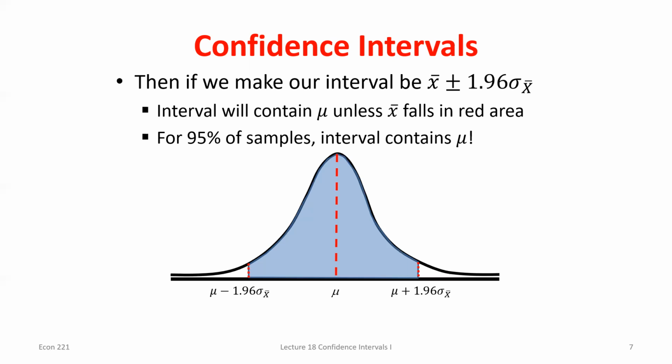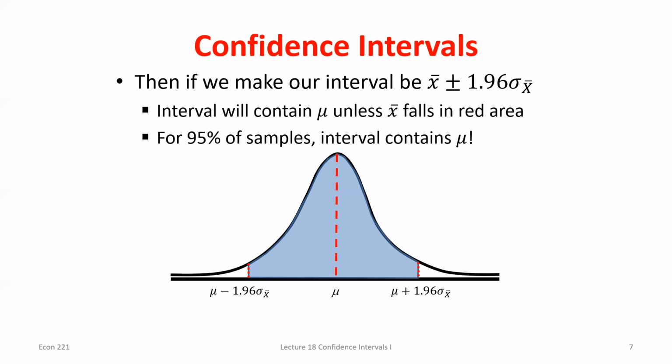Because I'm 1.96 standard deviations below here, and I'm less than 1.96 standard deviations away from the mean for any values in this range. So anytime I see a sample mean that's in this range, by going 1.96 standard deviations below it, it will always be capturing whatever that true population mean is.